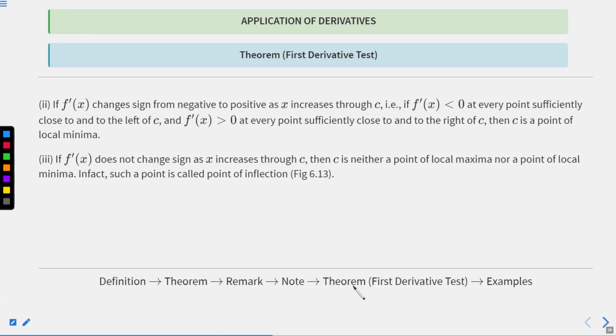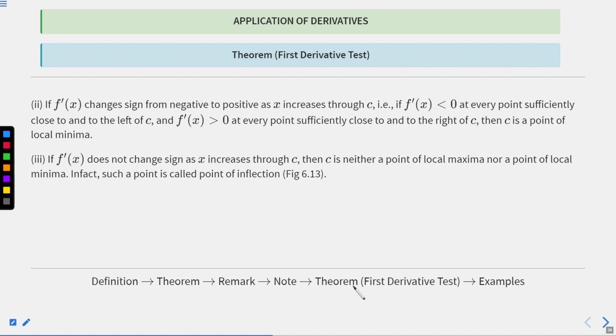Let us move next. First derivative theorem, what it says. As we saw the first point, now the second point. For the minimum, f prime x changes sign from negative to positive as x increases through C. This means if f prime x is negative at every point sufficiently close to the left of C, and f prime is positive at every point sufficiently close to the right of C, then C is a point of local minima.